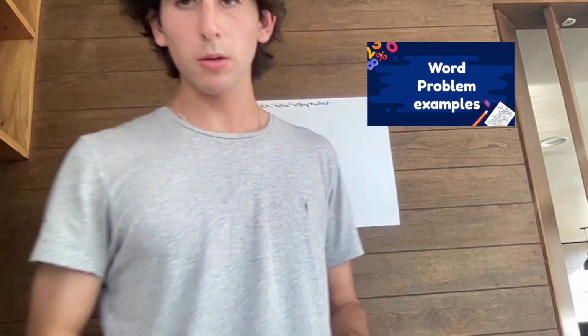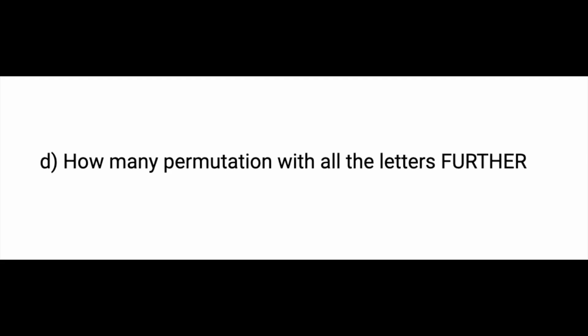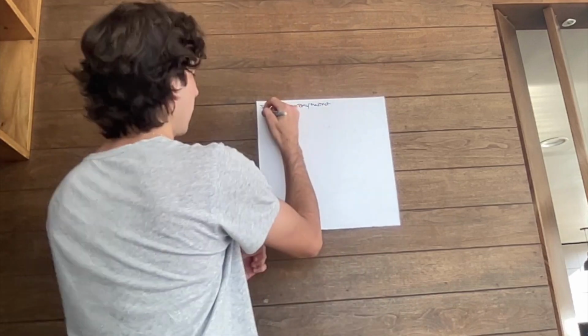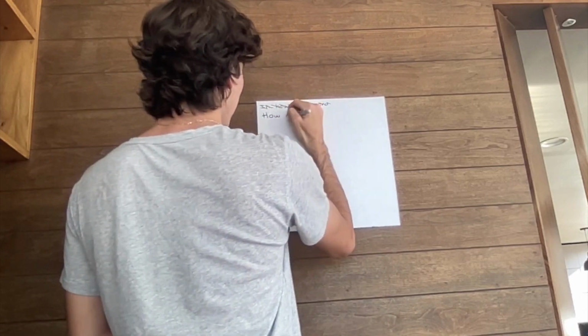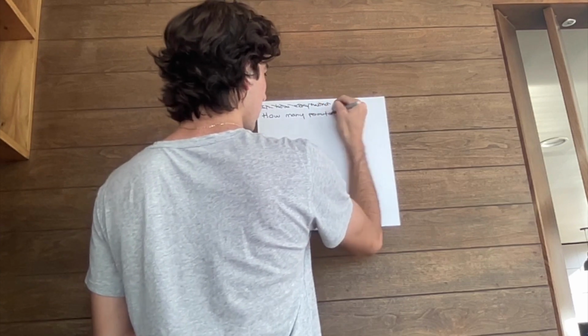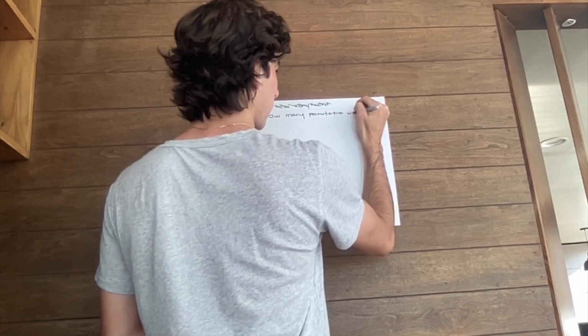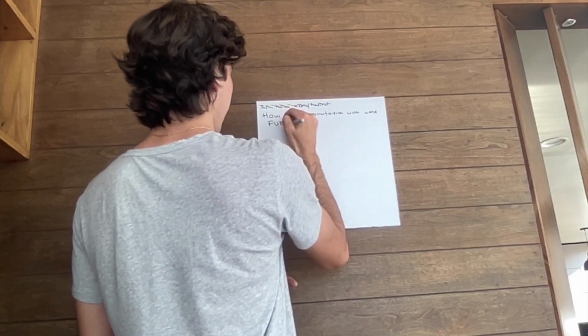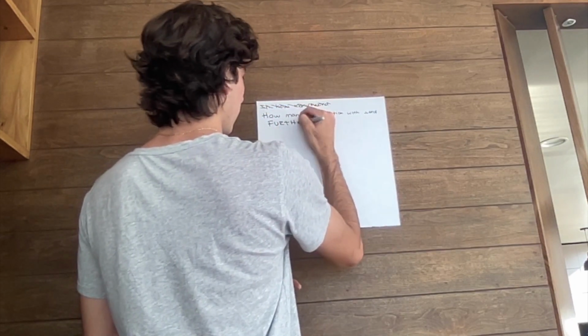The next word problem that we will be solving is this one, and it reads, how many permutations with all the letters of the word further can we make? So summary line, how many permutations with the word further.